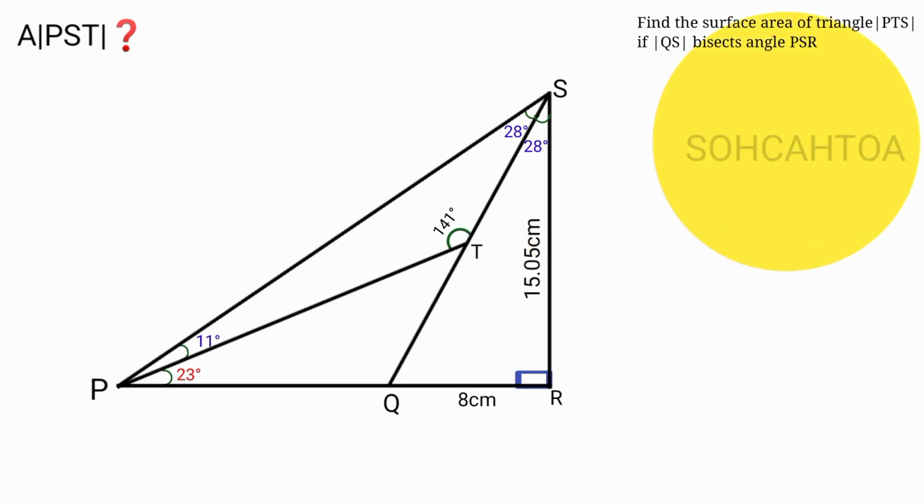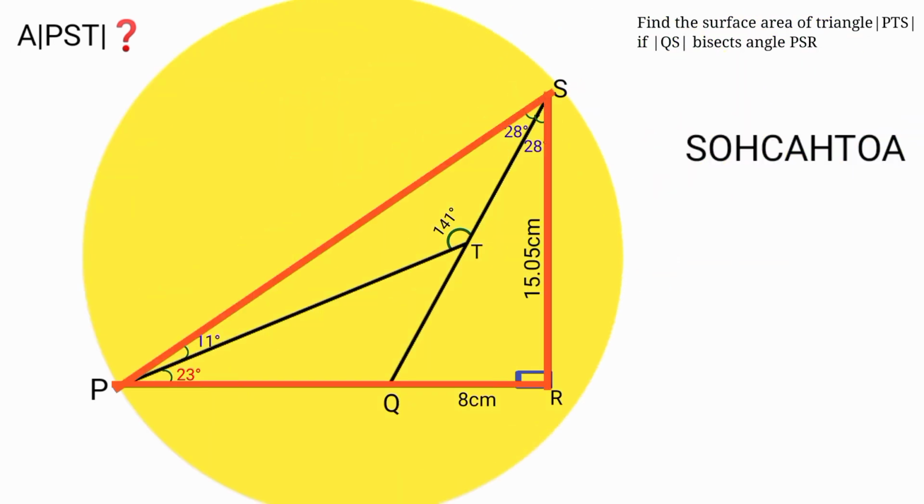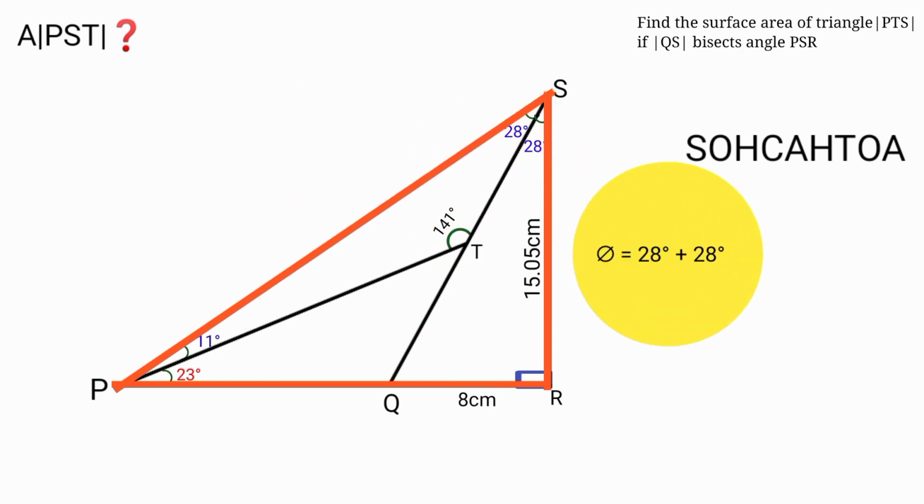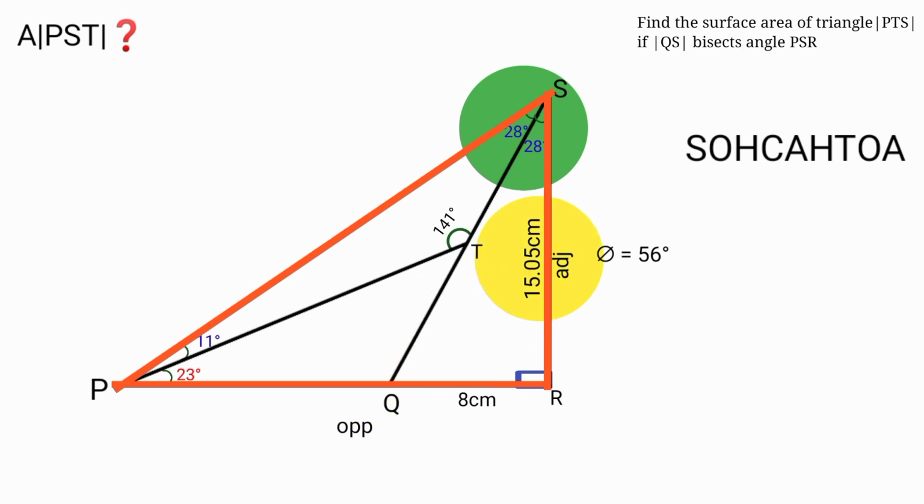Now still using the SOHCAHTOA tool on this triangle PRS, to find the length of this line PS, taking this angle as theta, theta equal to 28 degrees plus 28 degrees, which is 56 degrees. So from theta now, this is the opposite and this is the adjacent, while this is the hypotenuse. So theta equal to 56 degrees, adjacent equal to 15.05 centimeters, and hypotenuse equal to line PS.